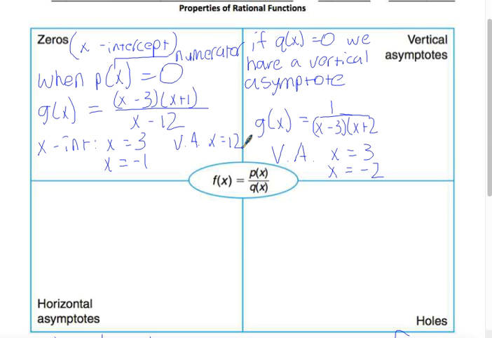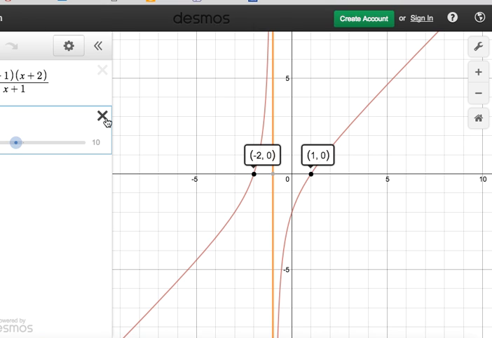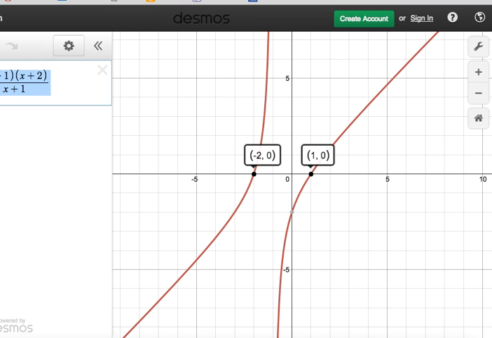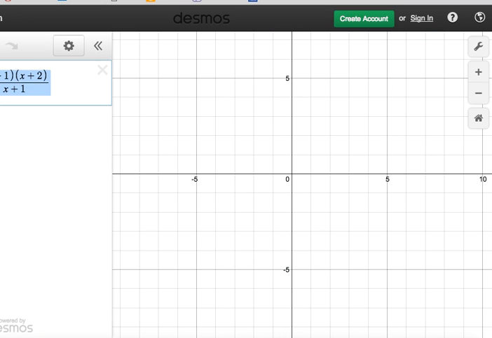So we've covered when the numerator is 0 and when the denominator is 0. The next question is, what if they're both 0 at the same time? So let's think about a function like this.